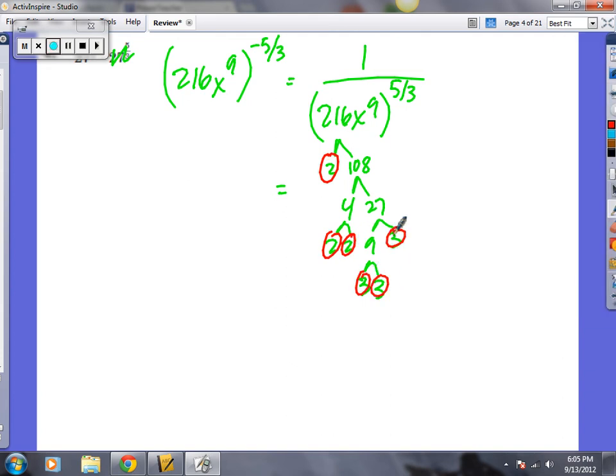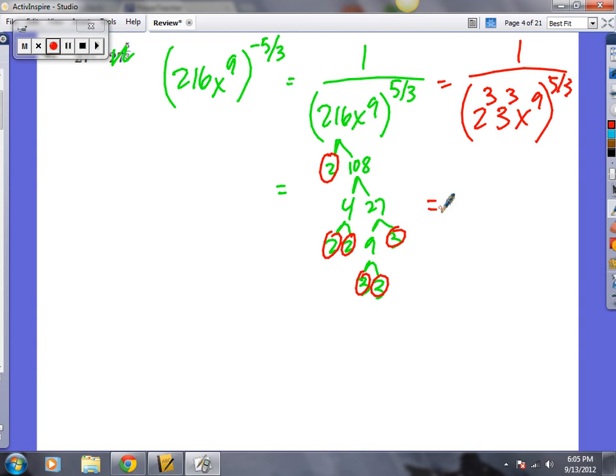There we go. So you're going to swap out 216 for 2 cubed, 3 cubed. Alright, x to the 9th and raised to the 5/3.